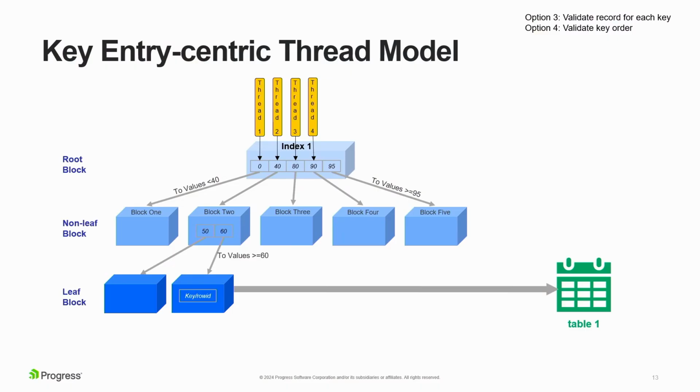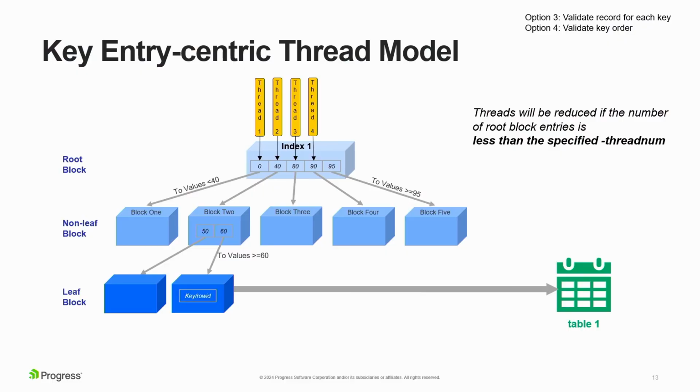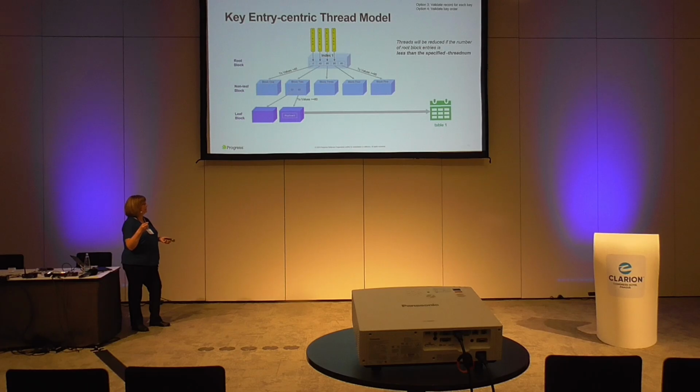The threading is applied at the key entry level in the root block. So this is where we can get some parallelism in as we're going through and doing our validations. Now, if you specify more threads than you have entries in the root block, then it's going to go down to the number of entries in your root block.